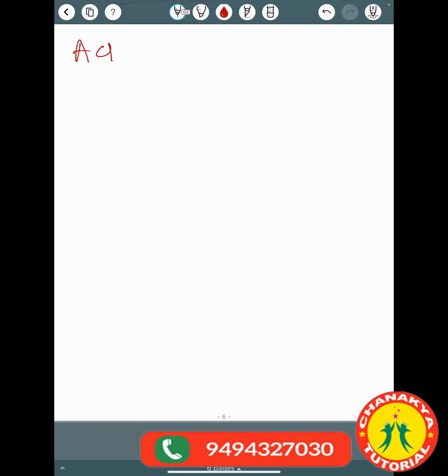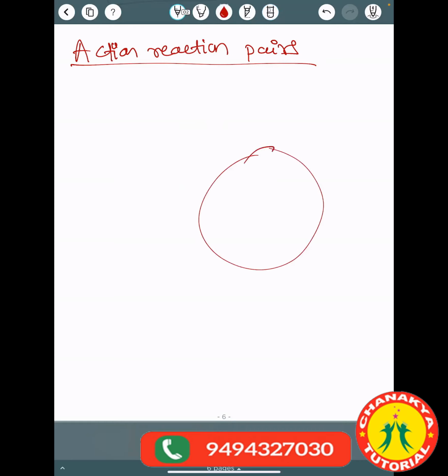Action reaction pairs. So let's say I have a table, or let me just consider earth. This is my earth, and I am keeping an object on the earth. Can you tell me what forces are acting on this mass?